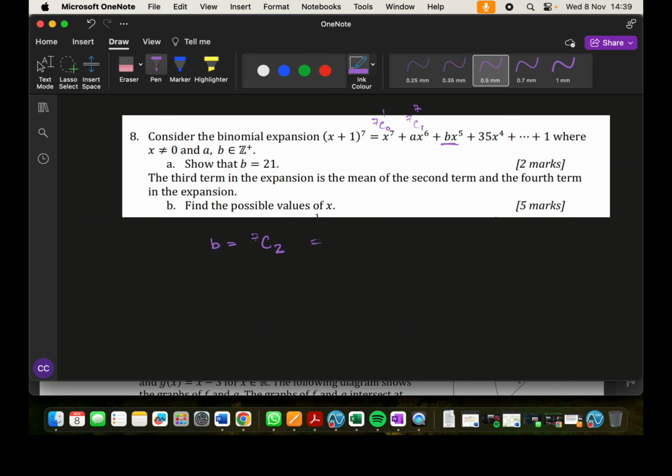7 choose 2 is 7 factorial divided by 2 factorial times (7 minus 2) factorial. Writing that out, I have 7 times 6 times 5 factorial all over 2 times 5 factorial. My 5 factorials cancel.